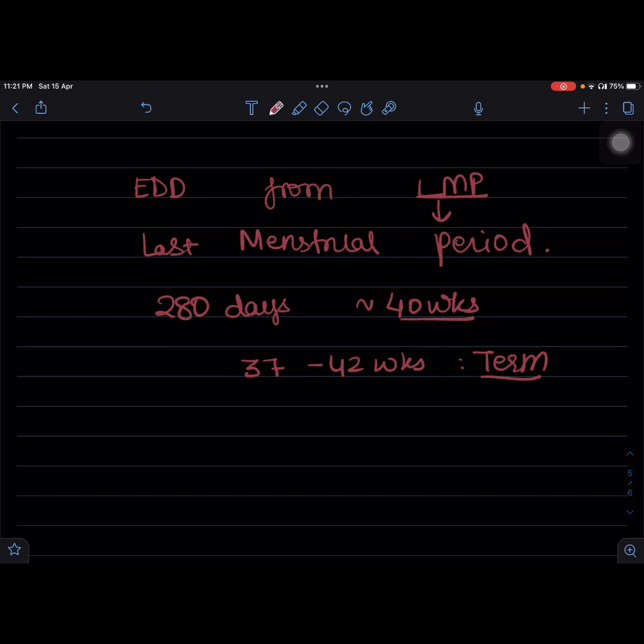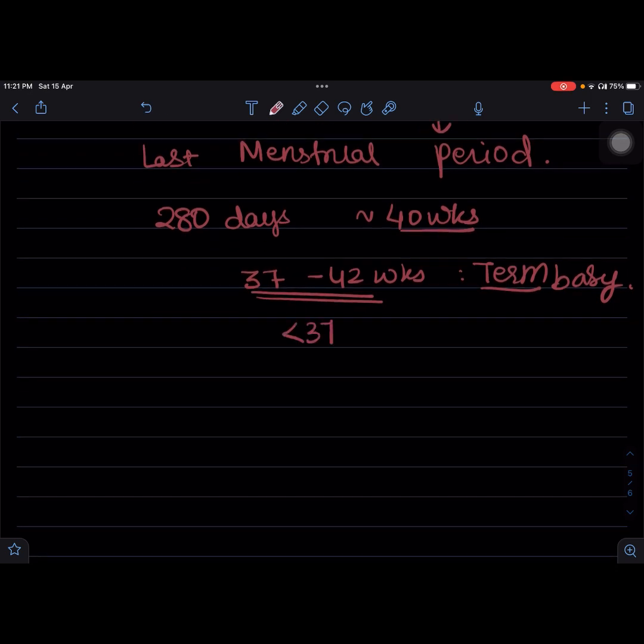But 37 to 42 weeks is the term baby. Anytime you're delivering a baby between these weeks, it's safe to say the baby will be healthy if everything else is good. A baby delivering before 37 weeks is a preterm baby, and more than 42 weeks is post-term.